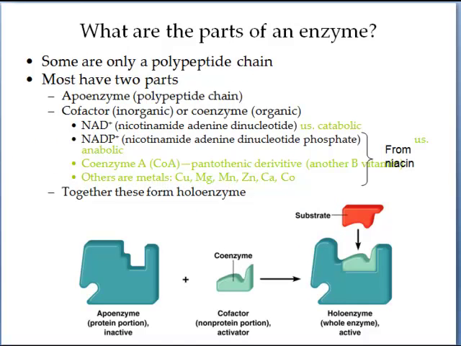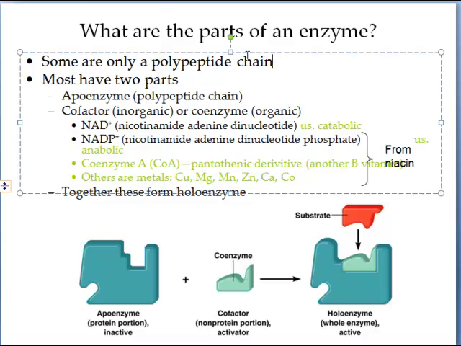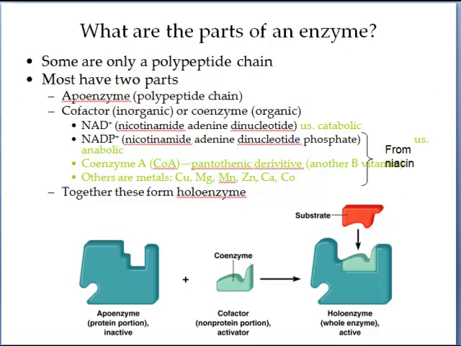Okay, let's look at the parts of an enzyme. Mostly the main part of the enzyme is a polypeptide chain, which I said to you over here is a protein. Let's write down over here. This polypeptide chain is called the protein chain. Besides the protein, there are other parts of an enzyme.